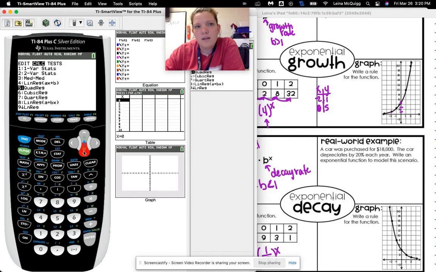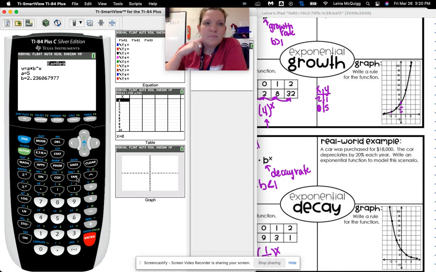Stat, calc, and exponential regression. Go all the way down to calculate.